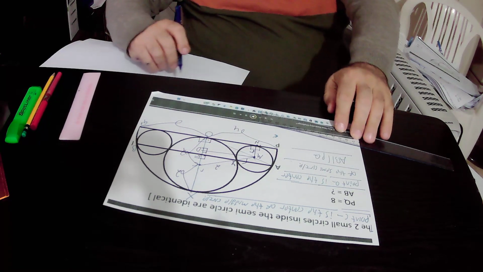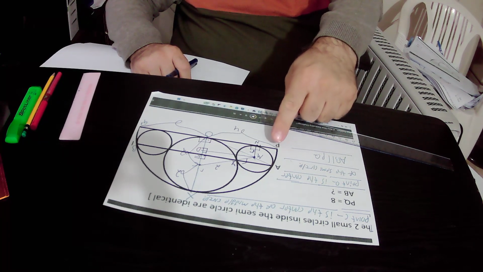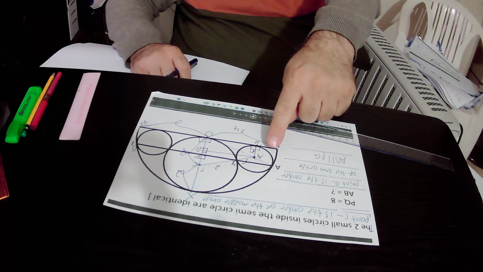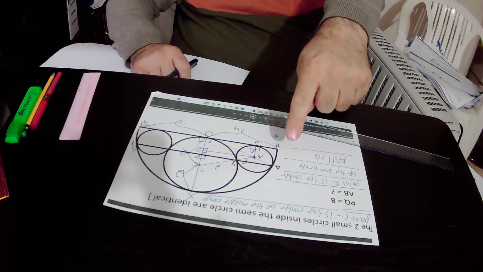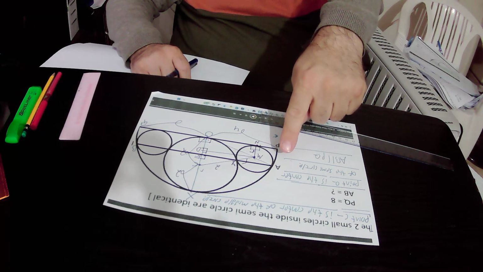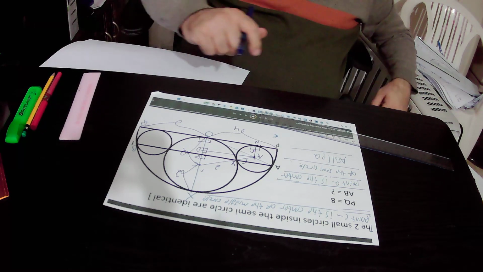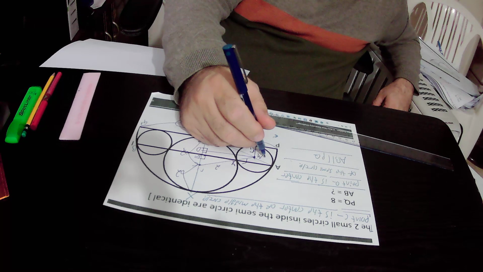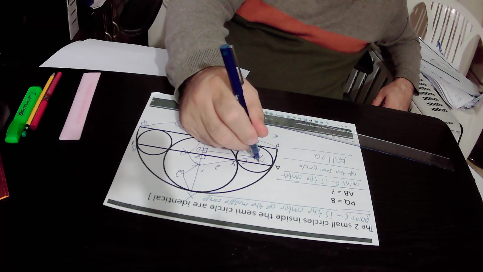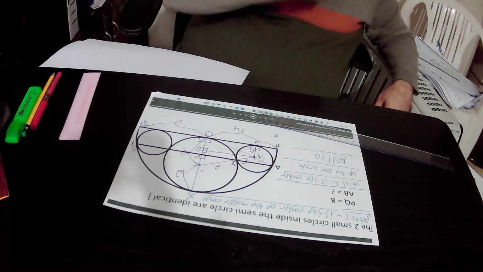So what is AM? AM, as you can see, is a line segment that starts from the center of the small circle, that is to say from point M, and ends at point A, that is a point on the small circle itself. Therefore, AM equals R. It is the radius of the small circle.